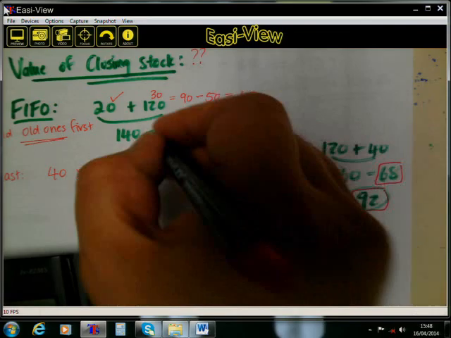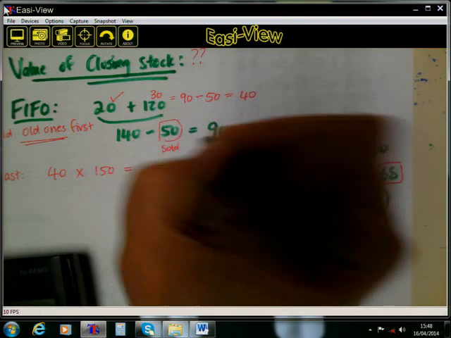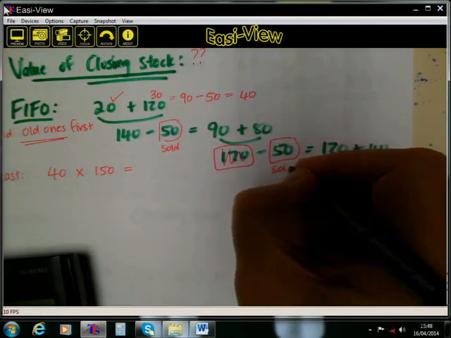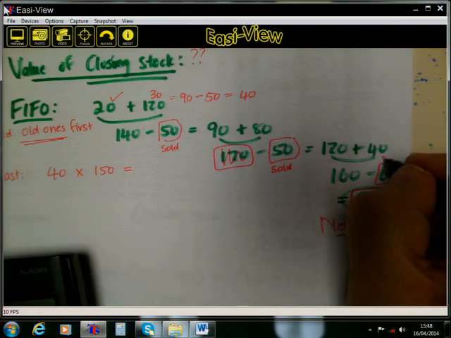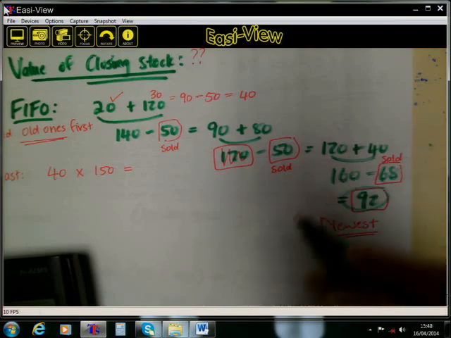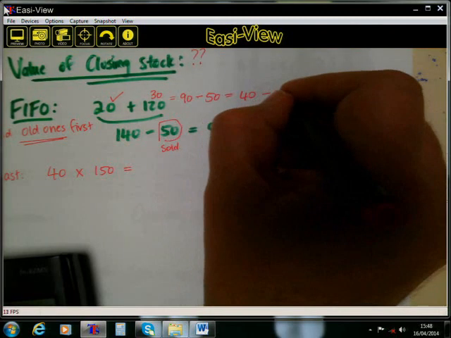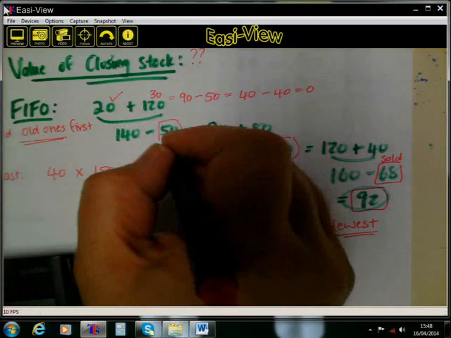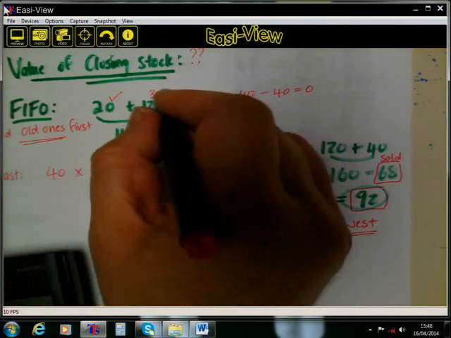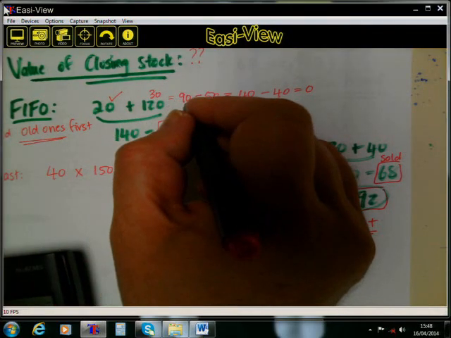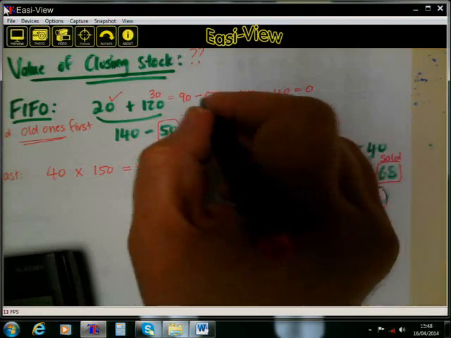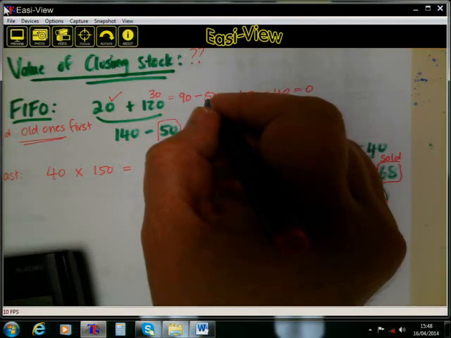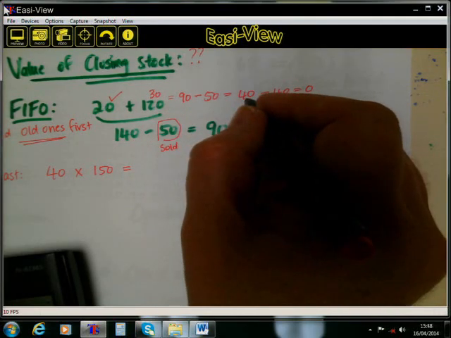We sold 50, then another 50, and then 68. The first 50 that we sold was the 20 plus 30, so there was 90 left. Then we sold 50 of that 90 old one, so we've got 40 left.